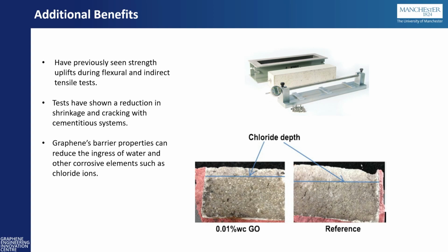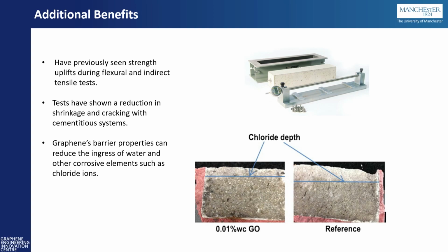There's a lot of work that shows that we can reduce these depths of ingress over time. And this is, again, a really, really low dose of graphene, 0.01% by weight. And there's a lot of academic work and some industrial work that shows that as well.